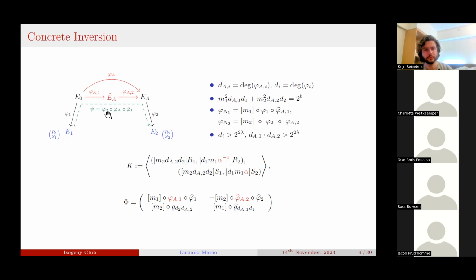So if you know how to evaluate phi A1, then you're done, because you can recover phi 1 dual, which means that you can recover phi 1. You do the same trick on phi 2, and then from phi 1 you can recover the scalar beta, and you're done. So this is the rough outline. This is how the protocol works theoretically.